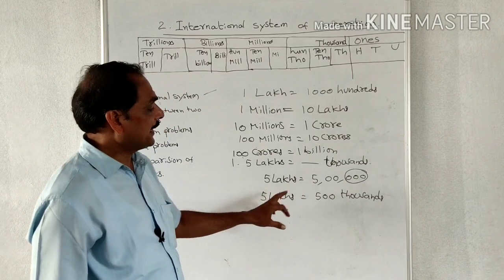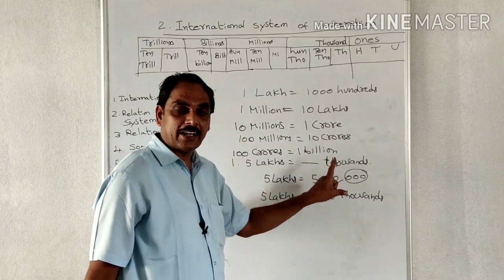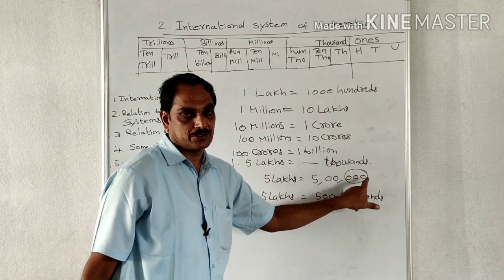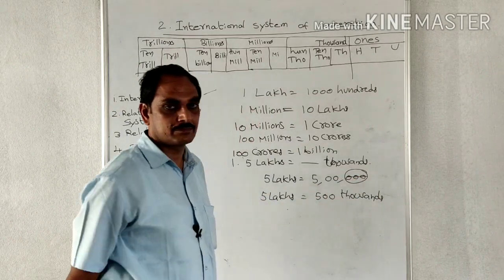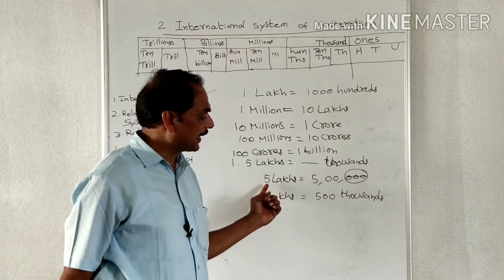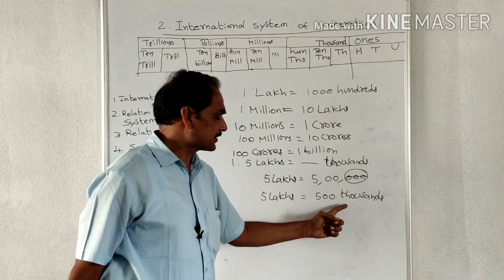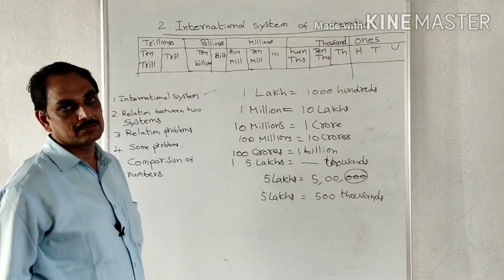To get the number of thousands, since 1000 has 3 zeros, we erase 3 zeros. The remaining number is 500 thousands. So 5 lakhs equals 500 thousands.